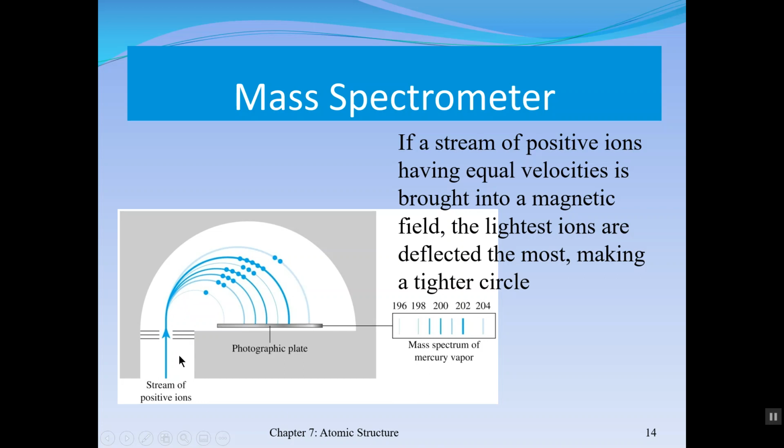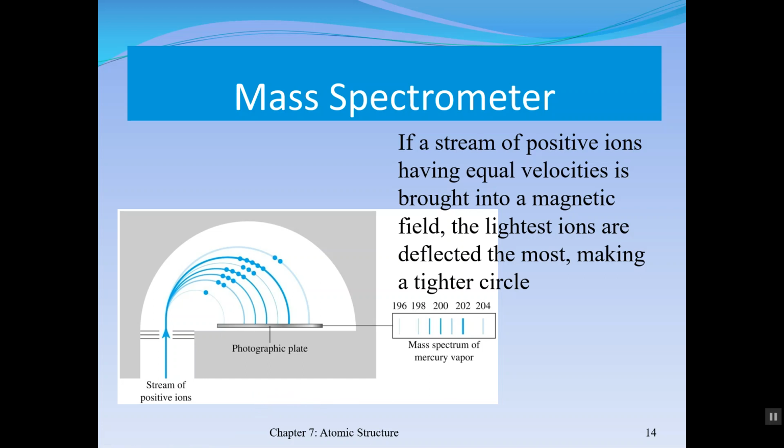Because of that separation, when they hit the photographic plate, which is shown here, you'll see that the intensity of the lines on the photographic plate will be reflective of the relative number of particles responsible for each line.